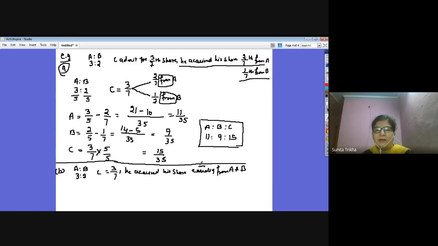He acquired equally, which means the ratio is given for how he is acquiring his share.